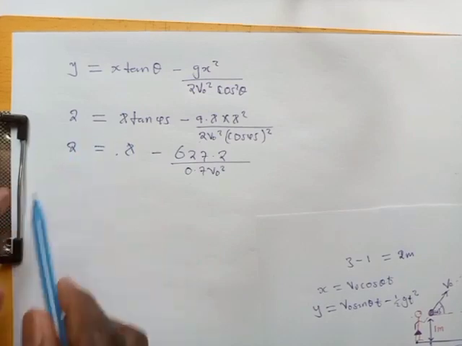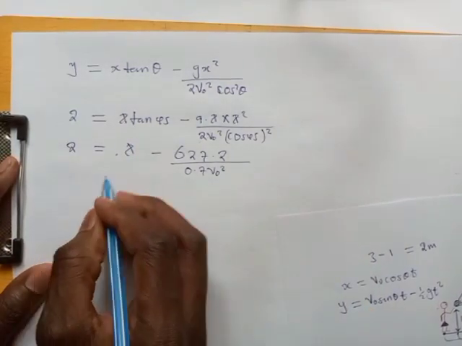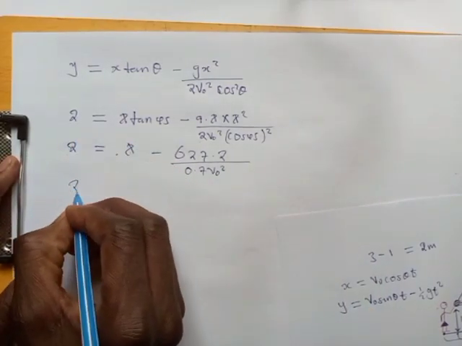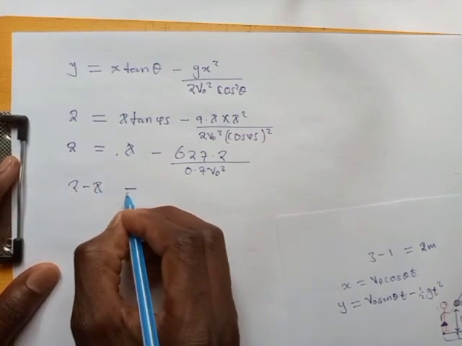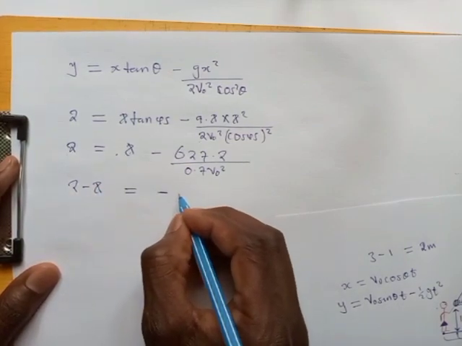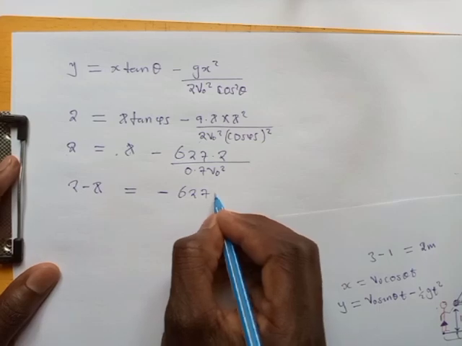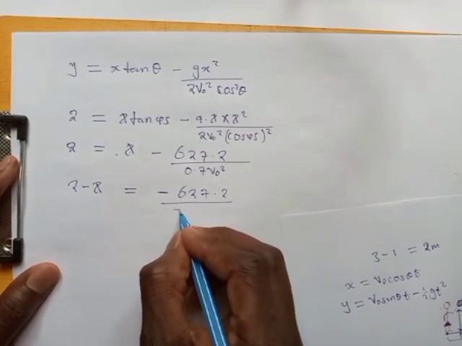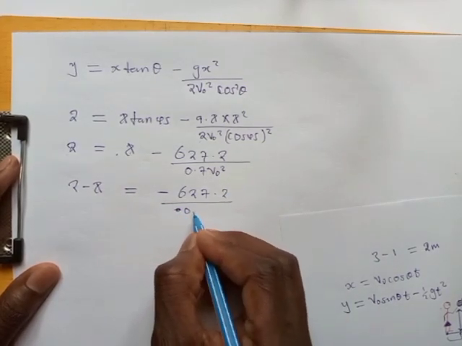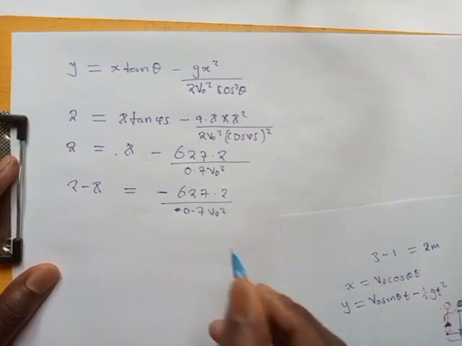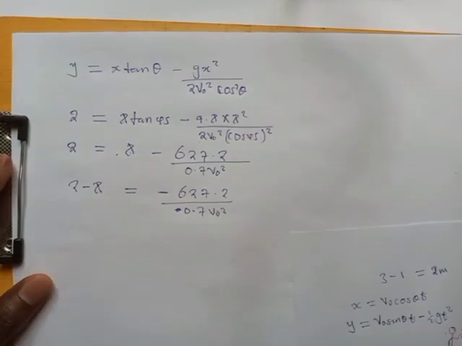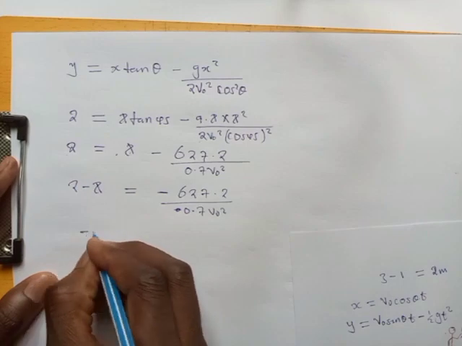You can just take this to the other side, as simple as that. If you take this to this side, you are going to have 2 minus 8, which is negative 6, equal to 627.2 divided by 0.7 v initial squared.